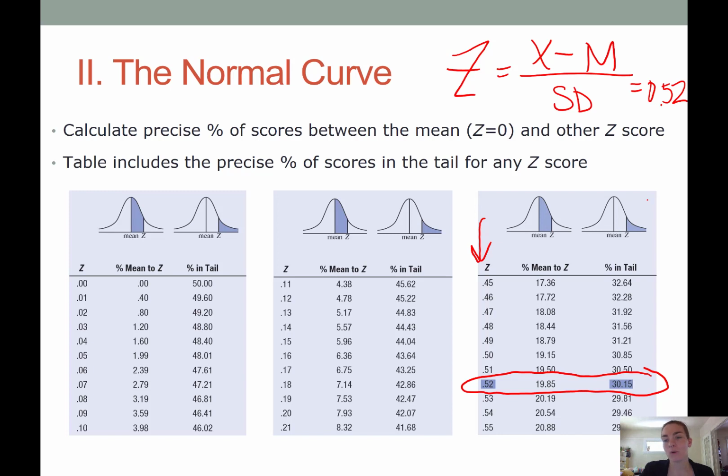Because my score is over here. I say this is 0.52. I want to know how many scores fell above that score. Then I could quickly glance and see that 30.15% of people had a score above this individual, or had a score that's higher than this person.